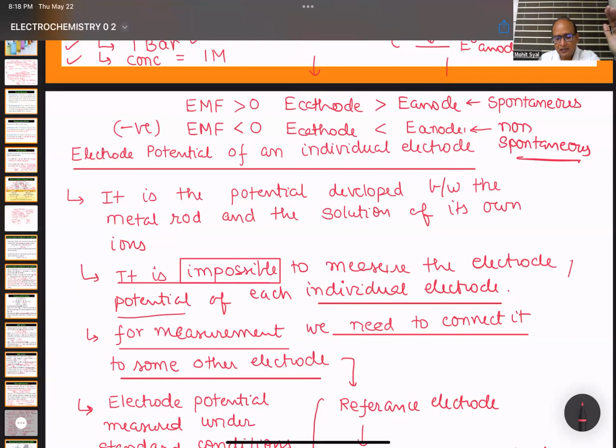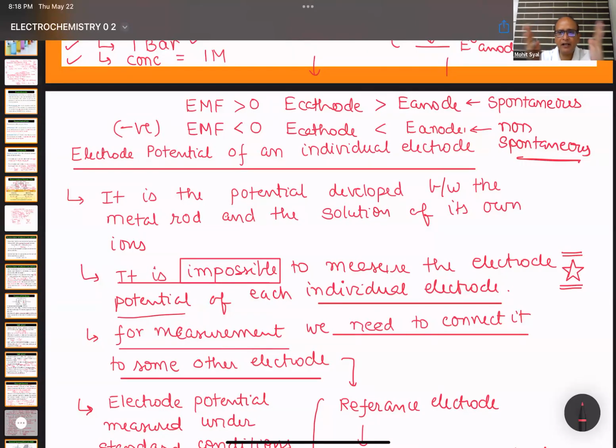Up to this point, is it clear to all of you? Jaslyn, Marwa, Aisha, Ibrahim, tell me, is it clear? Yes. You need to let the current flow and connect it to some other electrode.